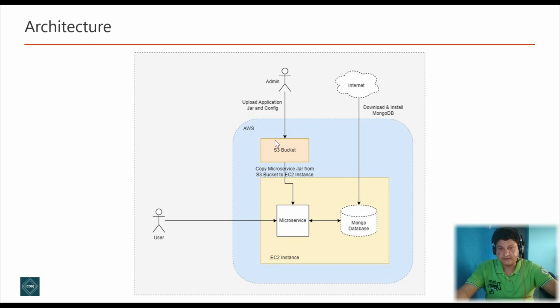We'll be creating an S3 bucket, we'll upload our application jar, the microservice jar, to the S3 bucket, and from the S3 bucket we'll copy that jar to our EC2 instance. Fine, and then we'll be installing MongoDB into that EC2 instance from the internet. We'll be downloading and installing it. All those instructions I'll show and give you in this video. Then we'll start our application, we'll connect our microservice to MongoDB and test our get and post contracts from our local machine, right?